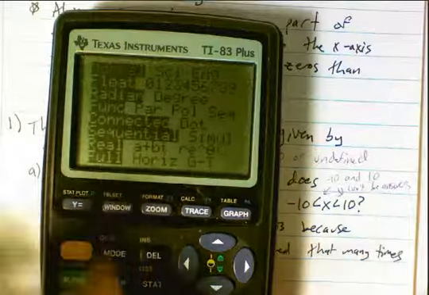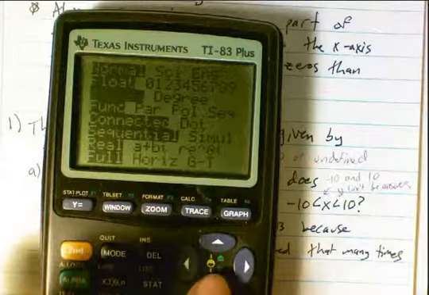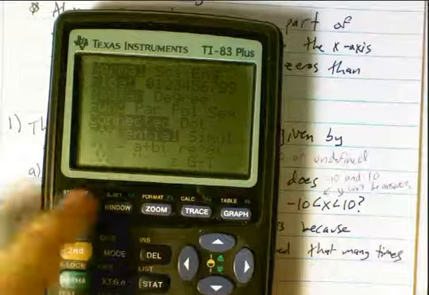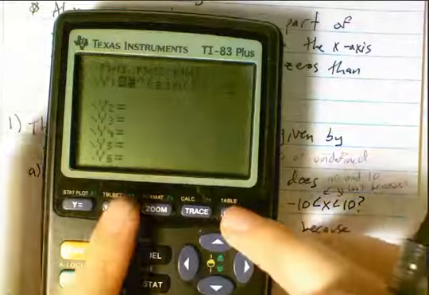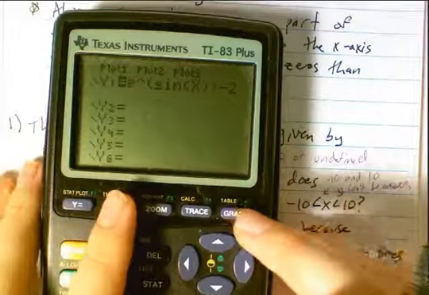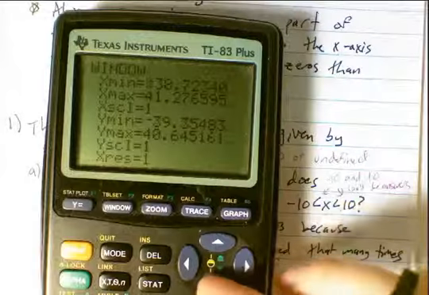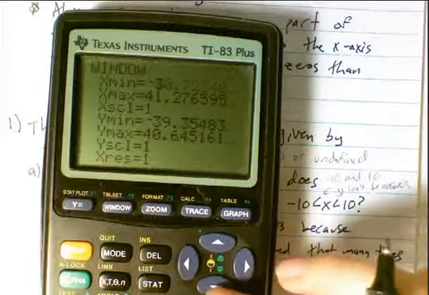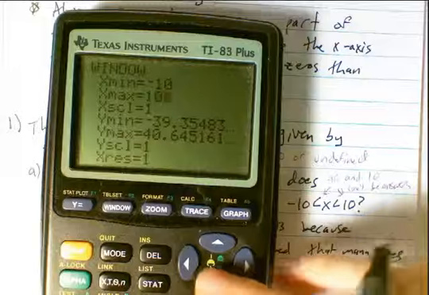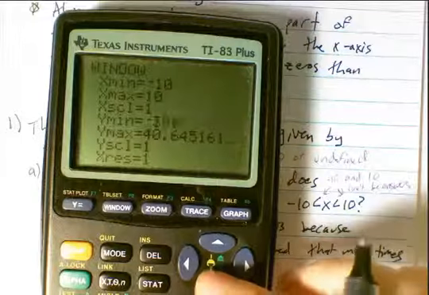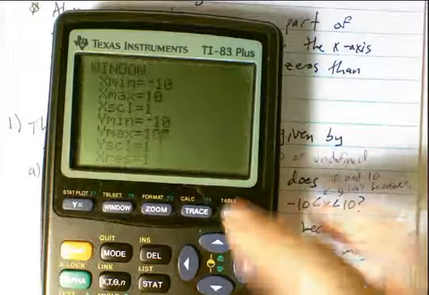That radian should be highlighted, if not arrow down, and then hit enter. Then go back to y equals. We have a window that is negative 10 to 10, so I'm going to go to Window. I'm going to set my x min to negative 10, my x max to 10, and then let's just do the standard negative 10 to 10 for y as well, and graph it.